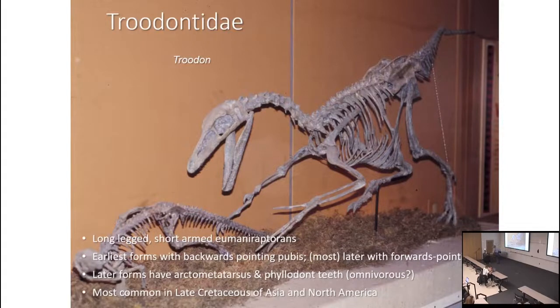Troodontids show up in the late Jurassic, rarely, but they're there, and at various points throughout the early Cretaceous, but they're most common in, surprise, surprise, the late Cretaceous of Asia and North America.